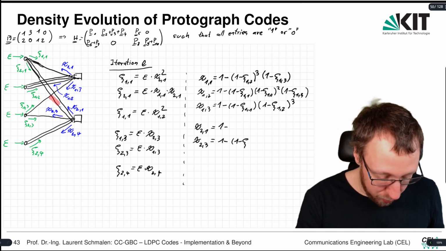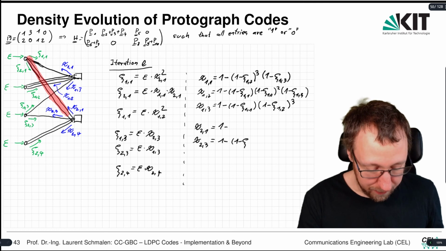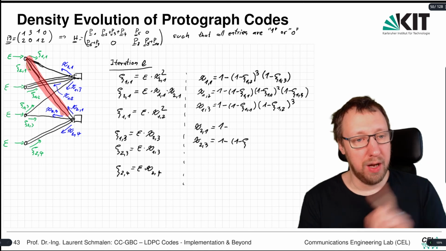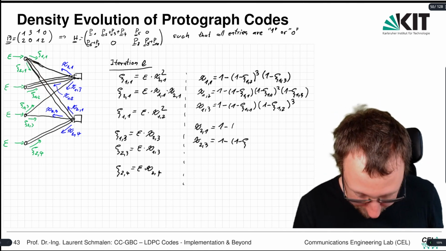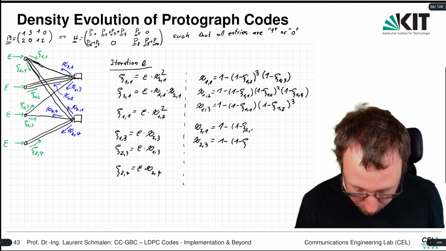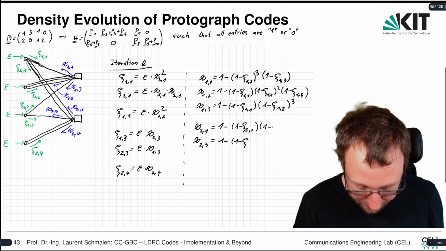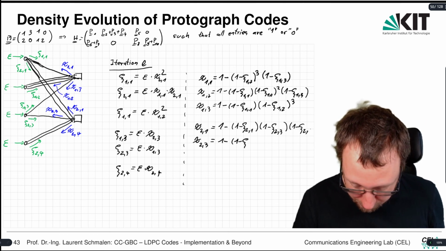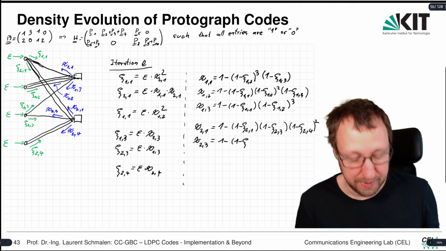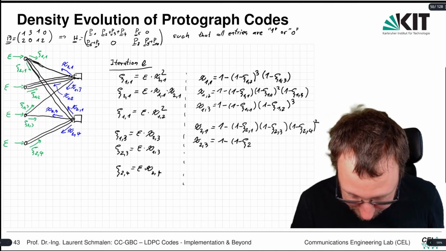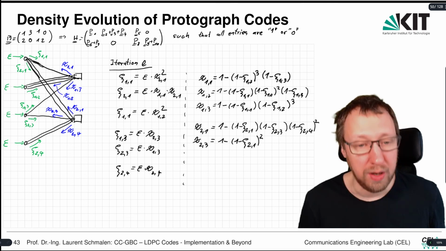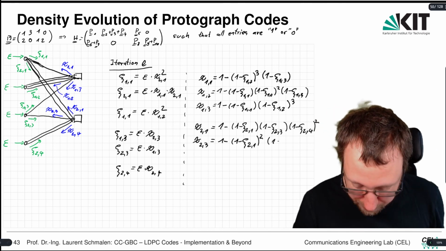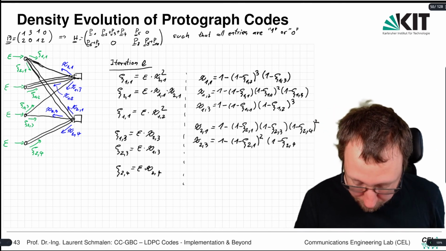So we have two messages coming from variable node 1. We need to cover one, and we calculate one outgoing message. So it's 1 minus C21 times 1 minus C23 times 1 minus C24 squared. That's it. For the second one, we have 1 minus C21 squared, so we have two messages coming from the first variable node, and we have two messages coming from the fourth variable node.